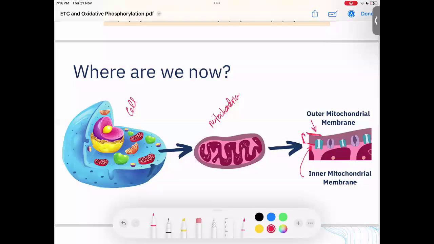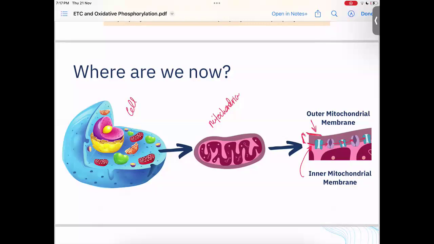This is where the electron transport chain is going to be happening. As you can see, all these channels in the inner mitochondrial membrane are going to be pumping protons into this space, and then it's going to go back into the matrix and so on. So in terms of location, we're in the area between the inner and the outer mitochondrial membrane, also known as the intermembrane space.